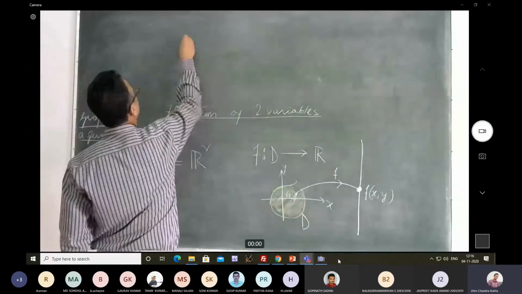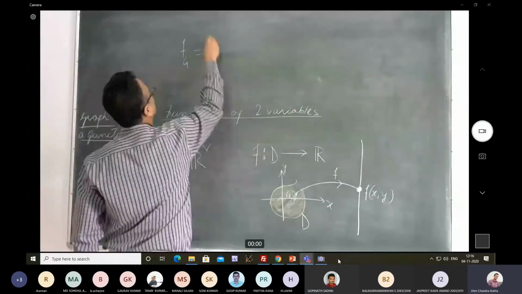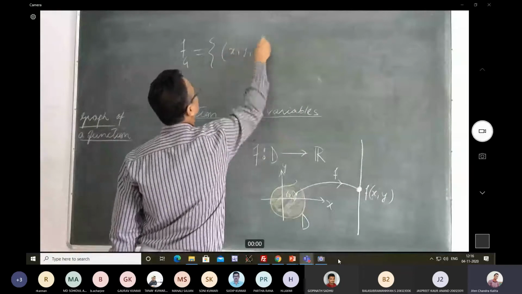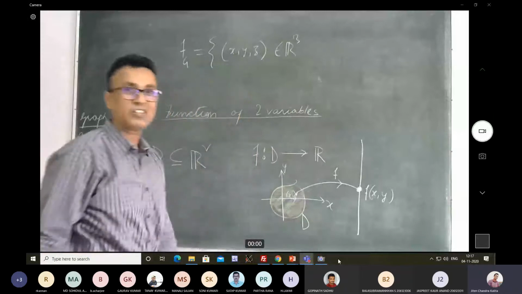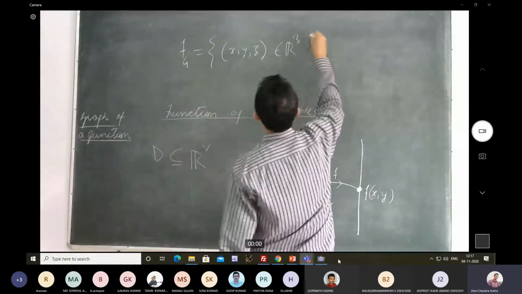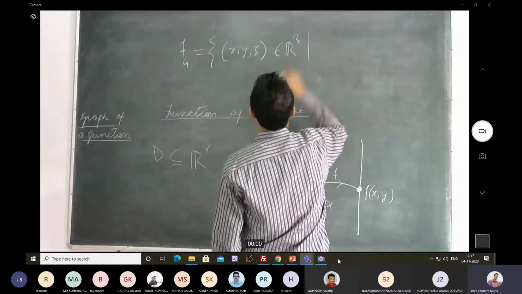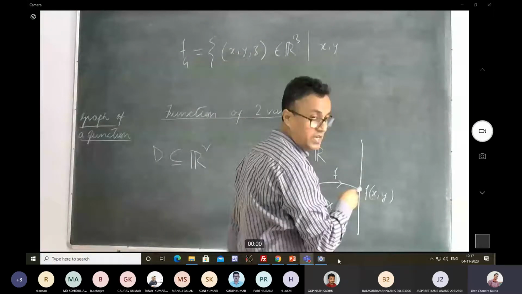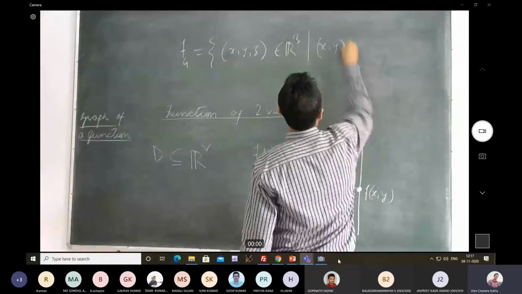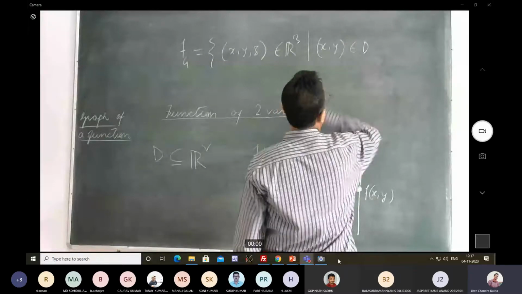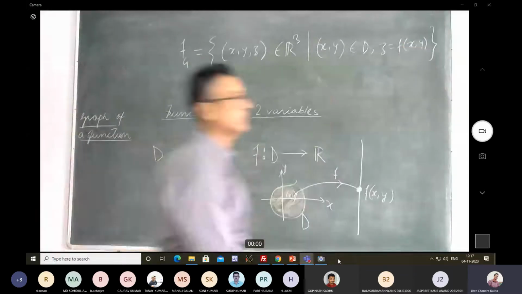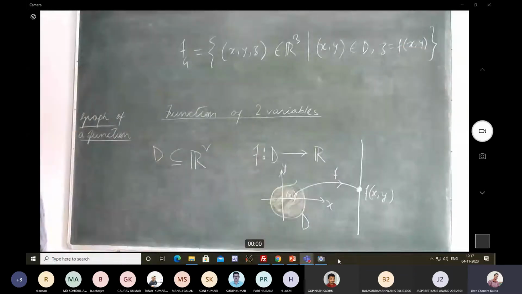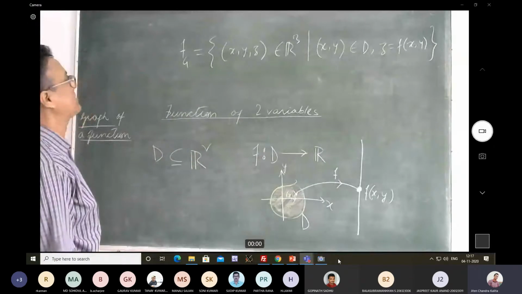So the graph of the function f is going to contain some points belonging to R3, in such a way that (x, y), of course, here I have defined (x, y) belongs to D, and z equal to f of (x, y). So this is the definition of the graph of the function, if you want to write it in some mathematical way.